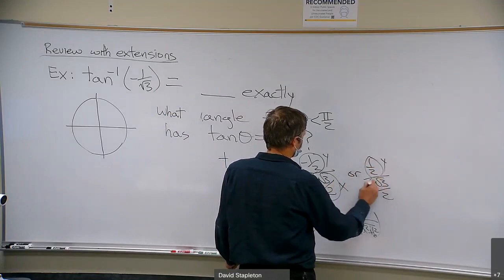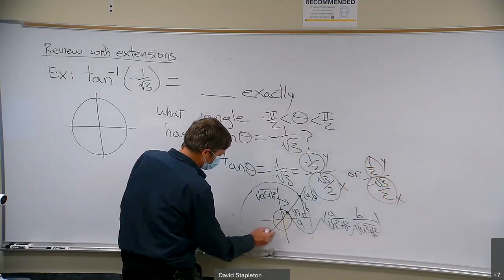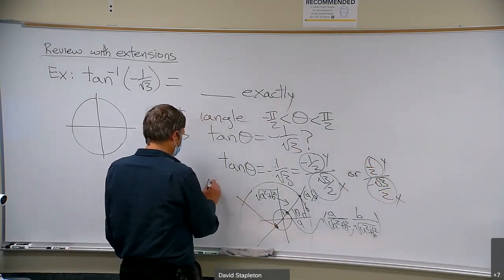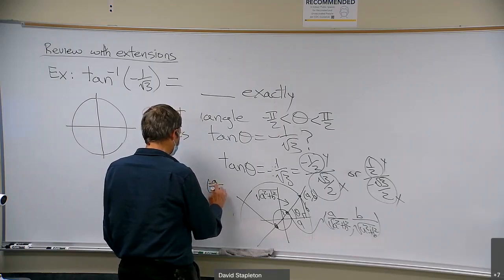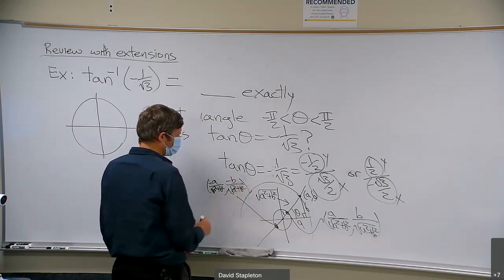We can interpret this as y and this is x, because there's also a point over here on the opposite side, right here on the unit circle, that has the same tangent, that has minus a over square root a squared plus b squared, minus b over square root a squared plus b squared. And both these points have the same tangent.